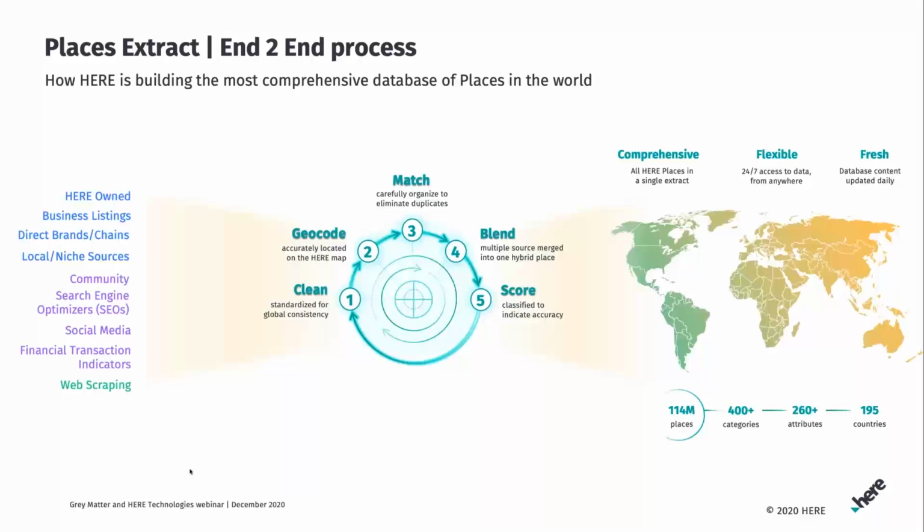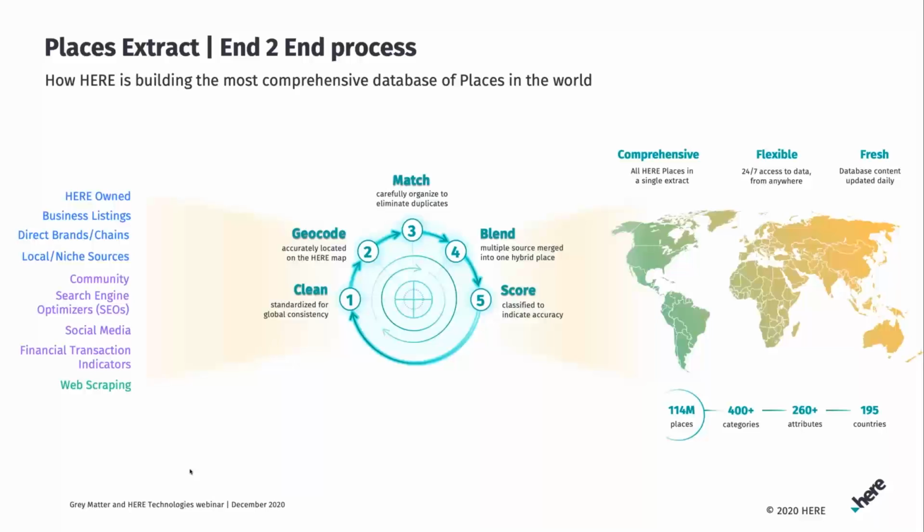If we have done that, then we will blend all the different sources that are normalized, that have an XY, and then we create a super record, a super place record. And depending on the confidence that we have, we also give a quality scoring to this POI.